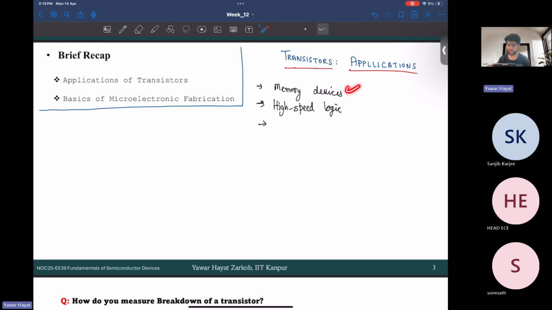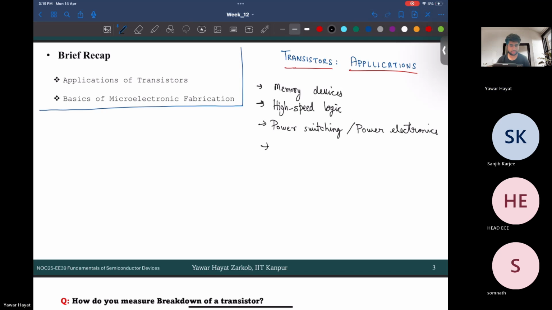Memory devices, high-speed logic, and then you have transistors that target power switching, say power electronics. Just let me know if I get disconnected from audio.